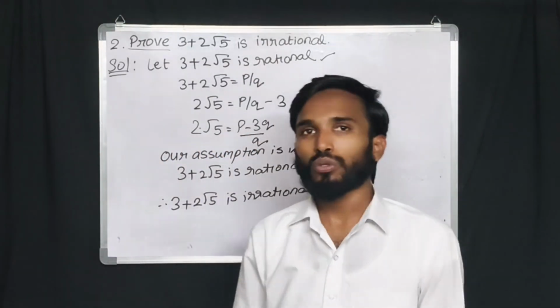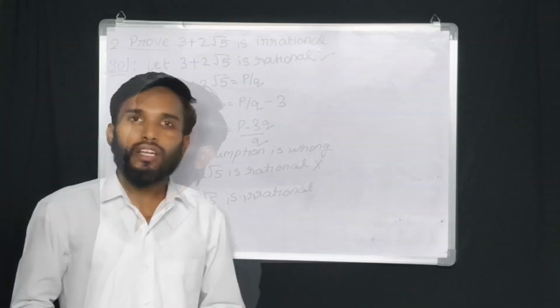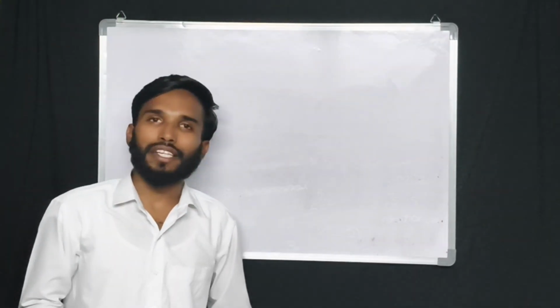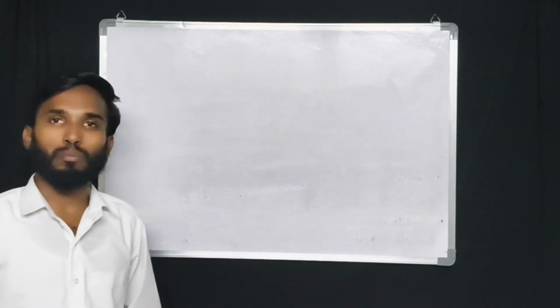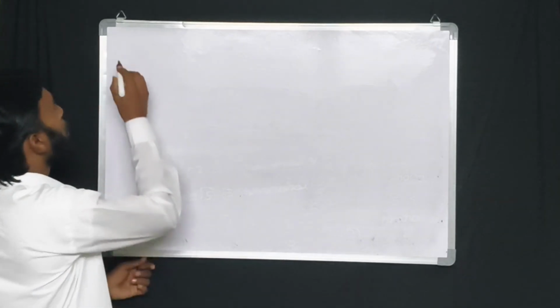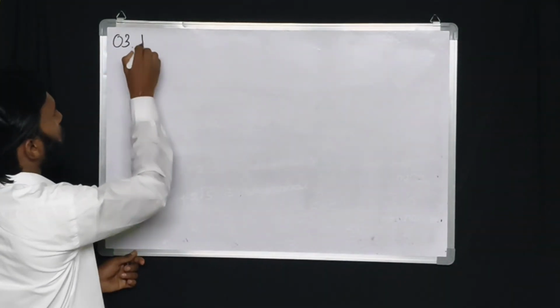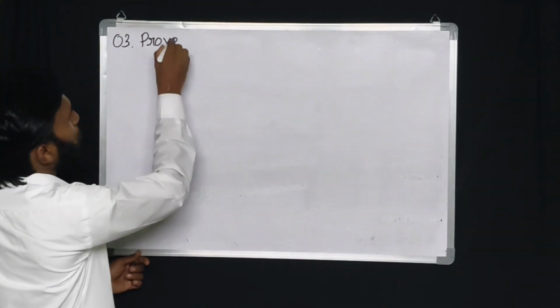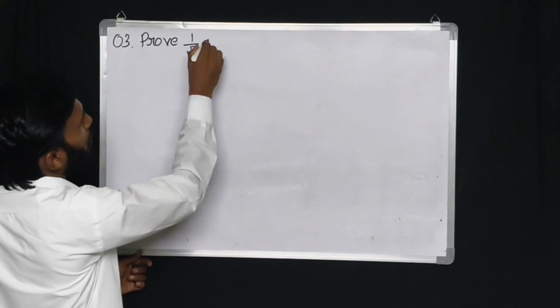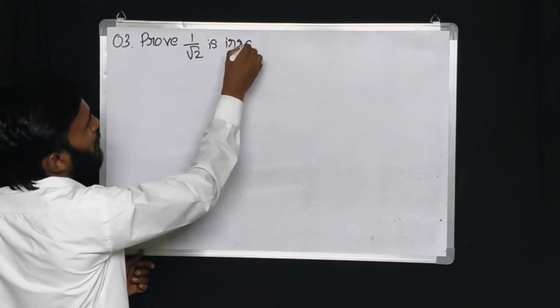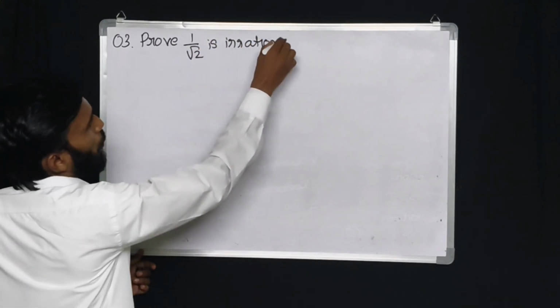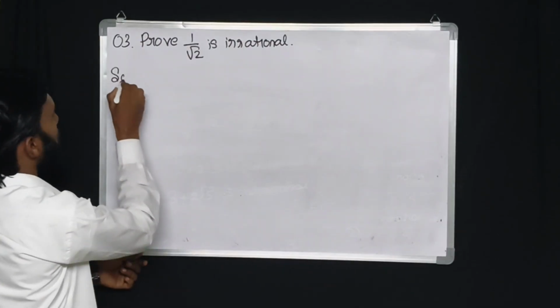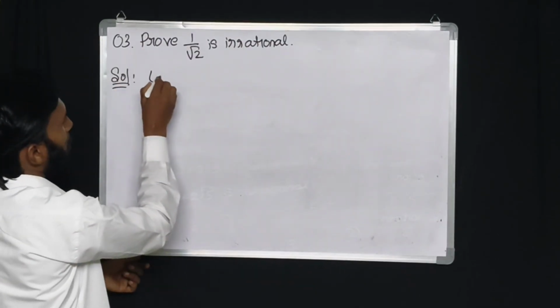Now let us move to our third problem. This is our last question of the chapter Real Numbers of class 10, exercise 1.2. Problem 3: prove 1 by root 2 is irrational. Very easy problem, same solution.